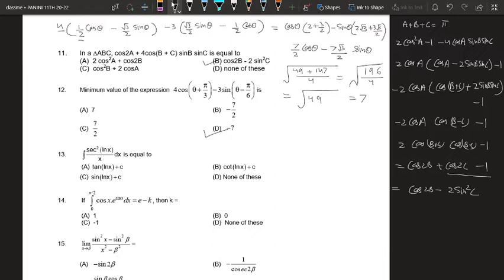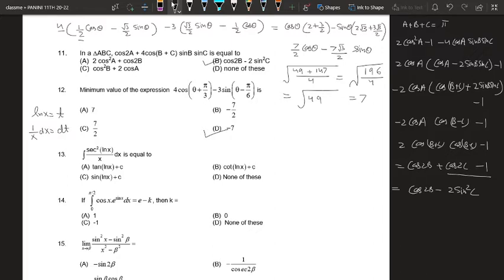Now again a similar problem, integration of sec square of ln x over x. If we substitute ln x equal to t, then 1 by x dx is equal to dt.